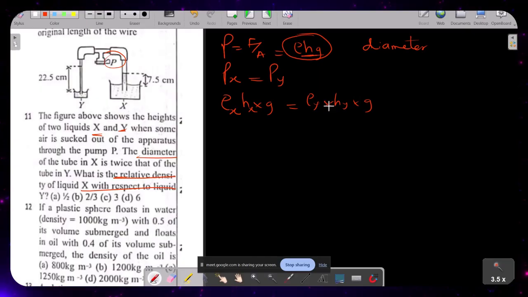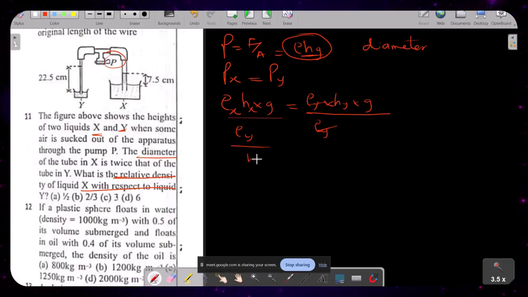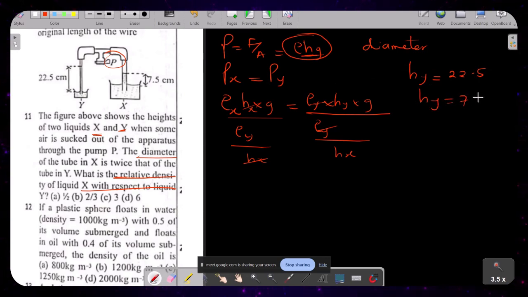You are asked for the relative density of X with respect to liquid Y, so we divide both sides by the density of Y and by the height of X. The height of Y is 22.5 and the height of X is 7.5.